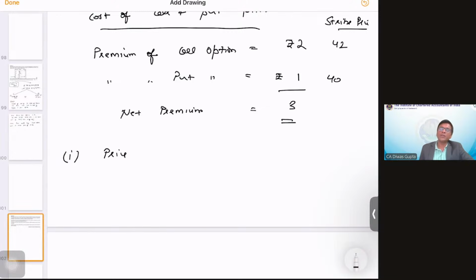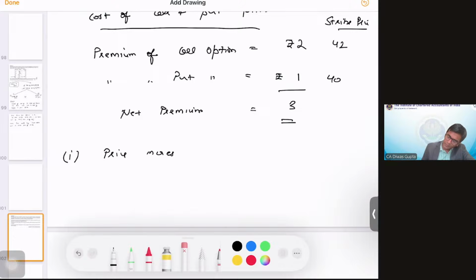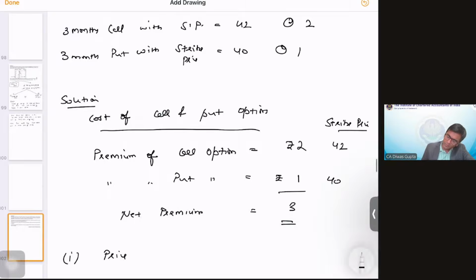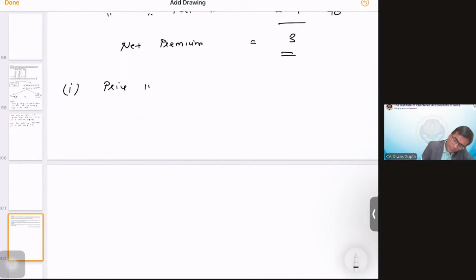We have taken two positions, one in the call option at 42, one in the put option at 40. Right? So the price increases to rupees 43 per share.